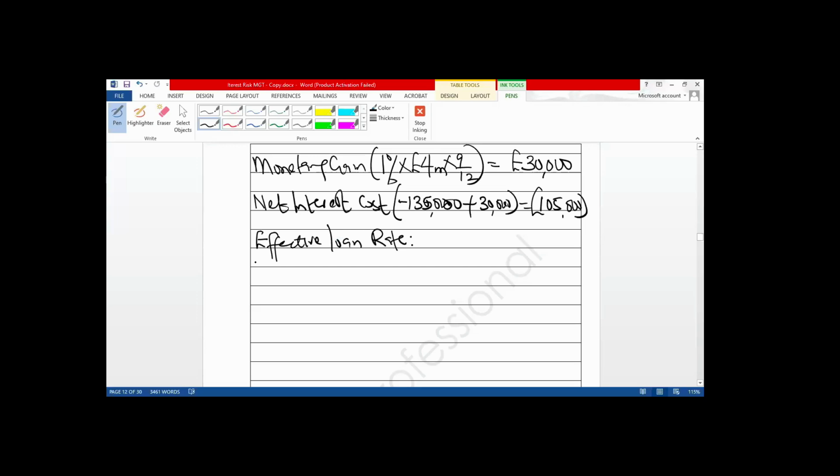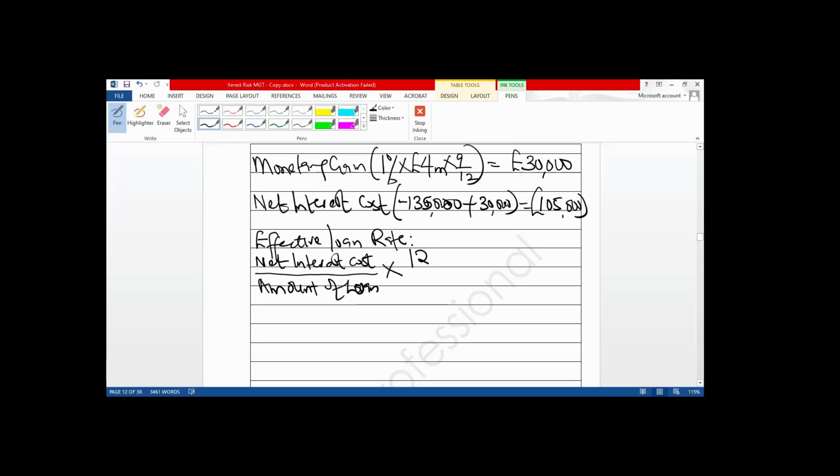Your net interest cost, you can note it down, net interest cost, that is in absolute value, divided by amount of loan, multiplied by 12 months.